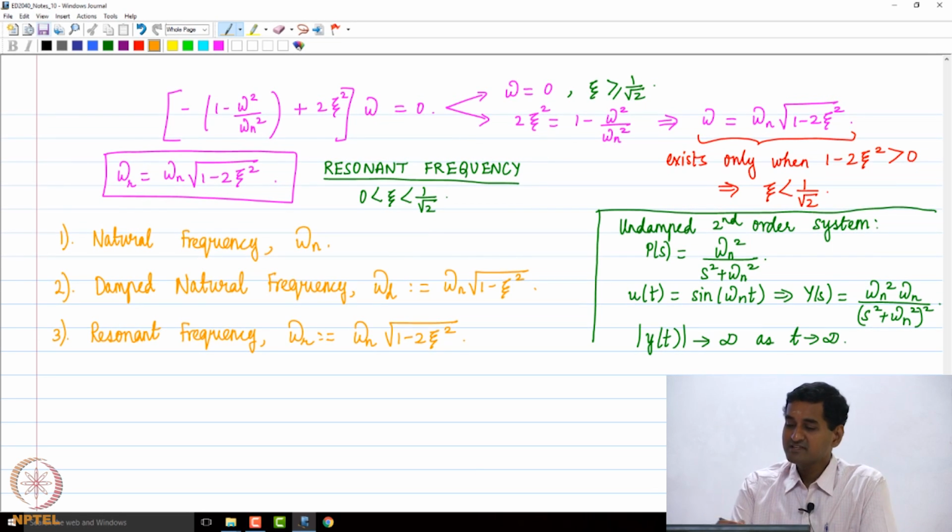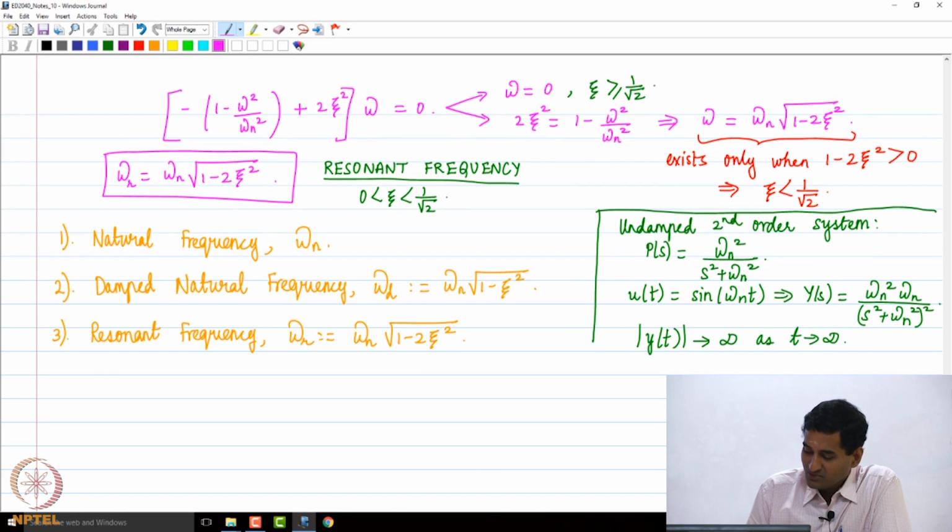One famous example typically given to illustrate this is the Tacoma Narrows bridge collapse. Please search online and watch the video.